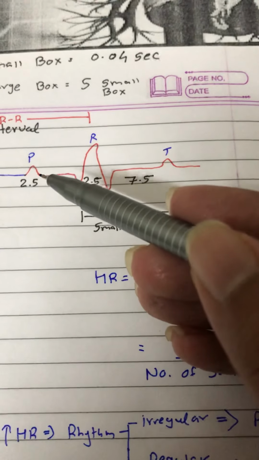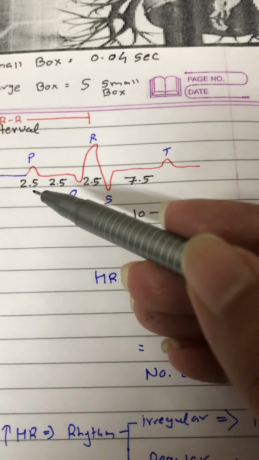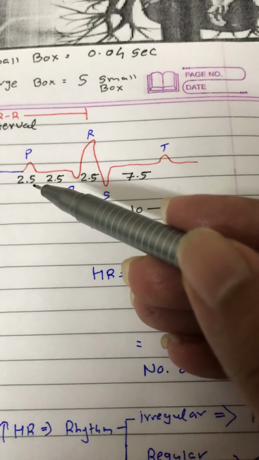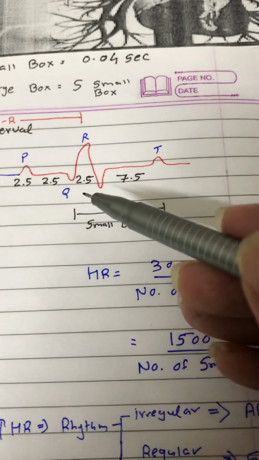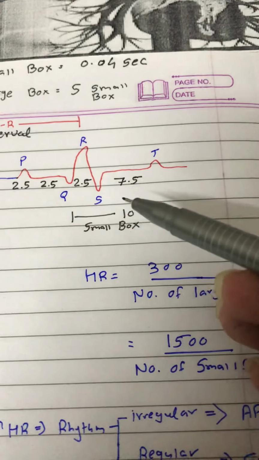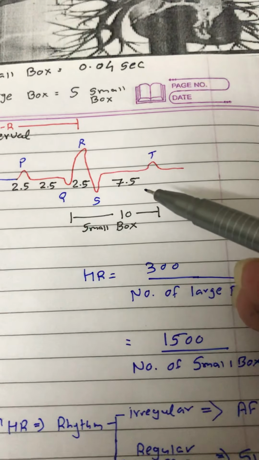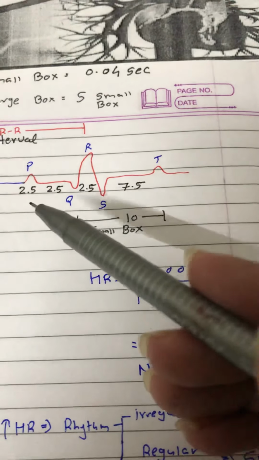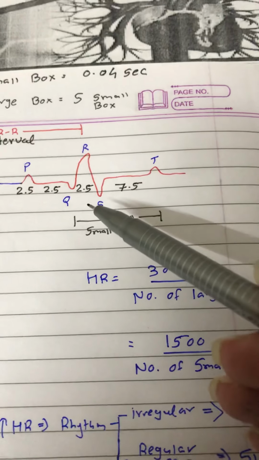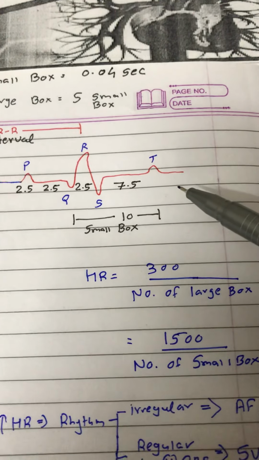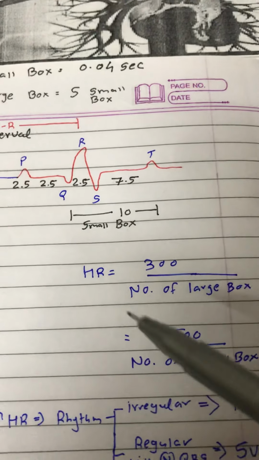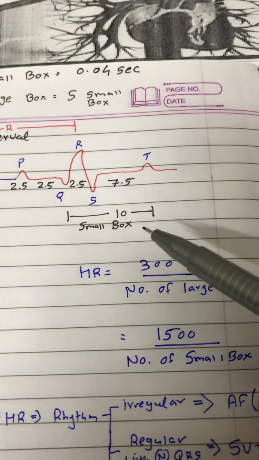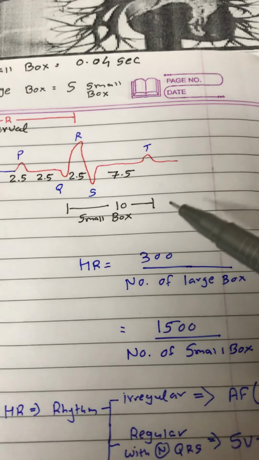The P wave is about 2.5 small boxes, the PR segment 2.5, QRS 2.5, and the ST segment 7.5. So you can remember 2.5, 2.5, 2.5, total 7.5. Okay, that way you remember it. And the total is the QT interval, which contains 10 small boxes.